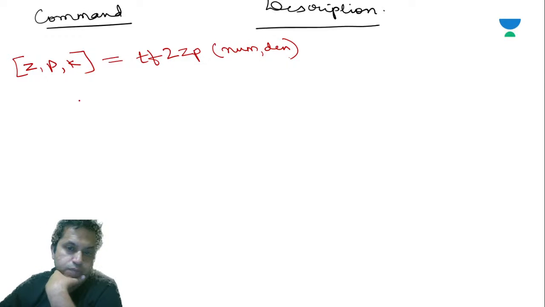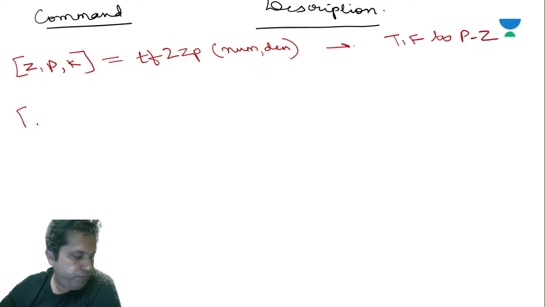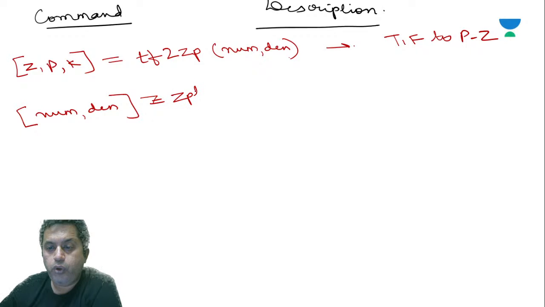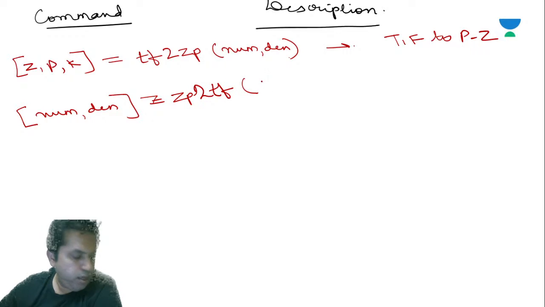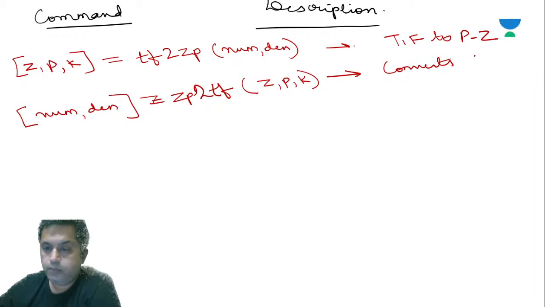This is the function. Okay, what is the description? It converts transfer function to zero pole. [numerator, denominator] = zp2tf(z, p, k) converts zero pole to transfer function.